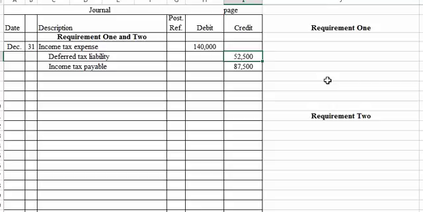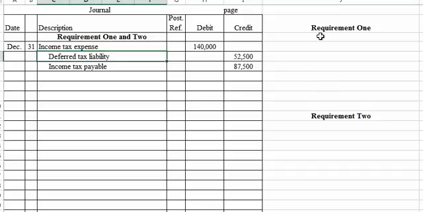I don't want that. I don't want to pay more now to the IRS and less in the future. I want to pay less now, more in the future, right? You could, theoretically, die in the meantime, right? Okay, so this is kind of an interesting situation where you would prefer to have the liability on the books rather than the asset. Deferred tax liability means we were able to delay paying income taxes. Deferred tax asset means we're paying more today and less in the future.